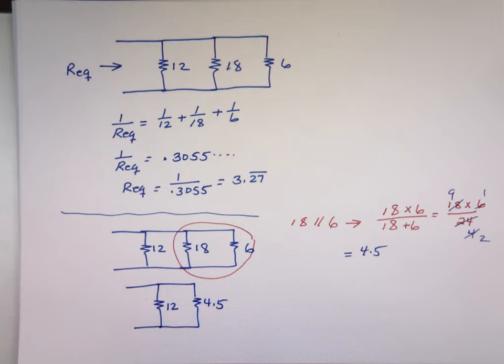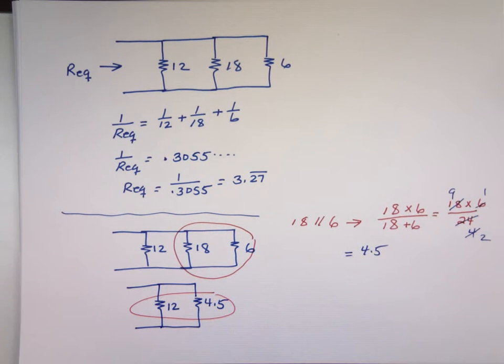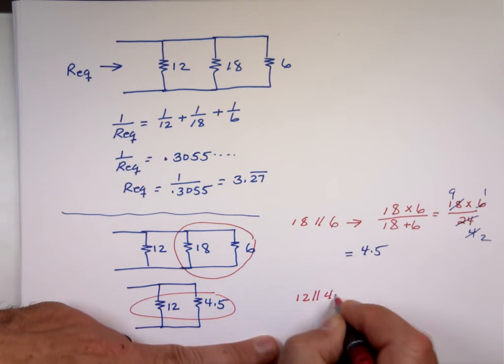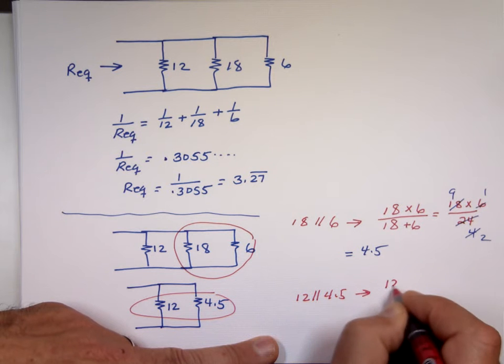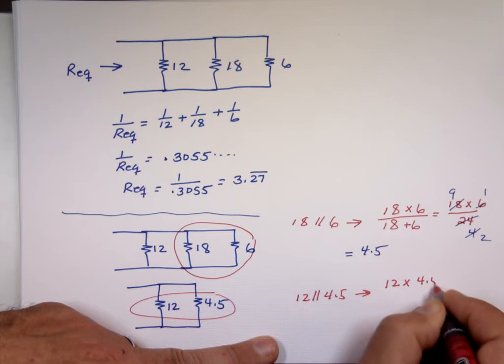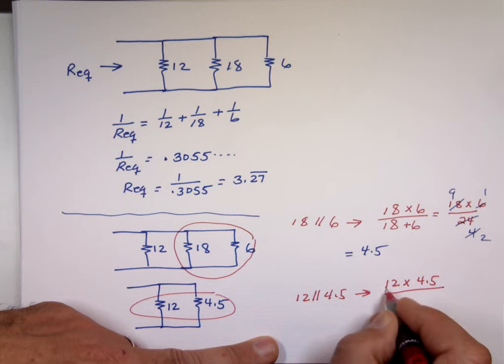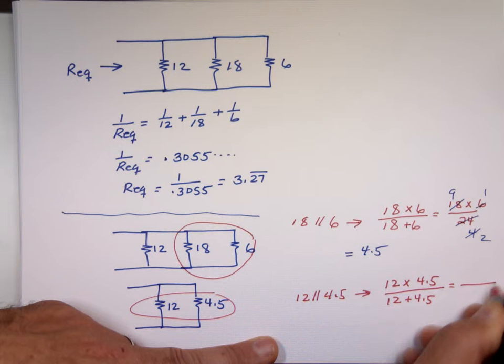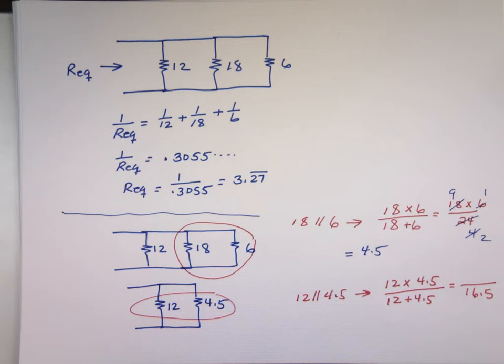So now my circuit will look like this. Now these two in parallel. Do it again, the product over the sum. 12 in parallel with 4.5. 12 times 4.5 over the sum of them, 12 plus 4.5. That's 16.5. And the top, 12 times 4.5, 54.